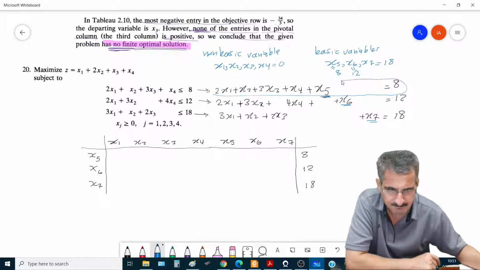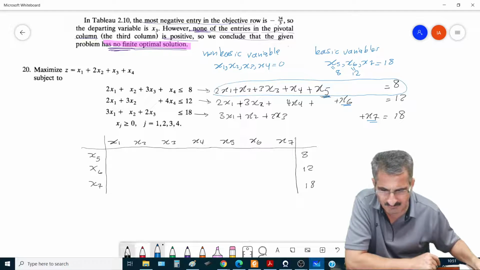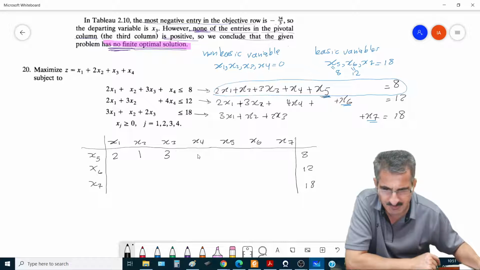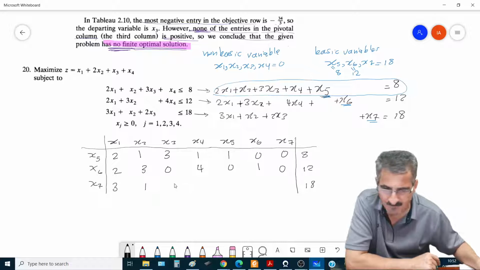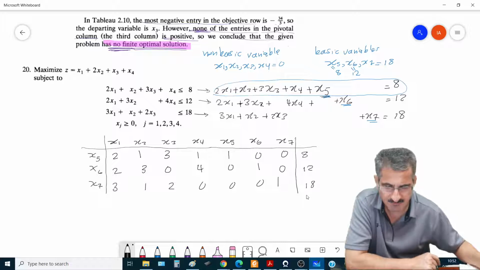Now the first equation: I will have 2 for x1, 1 for x2, 3, 1, 1, 0, 0. The second equation: 2, 3, 0, 4, 0, 1, 0. The third equation: 3, 1, 2, 0, 0, 0, 1. I need now to make the objective row.